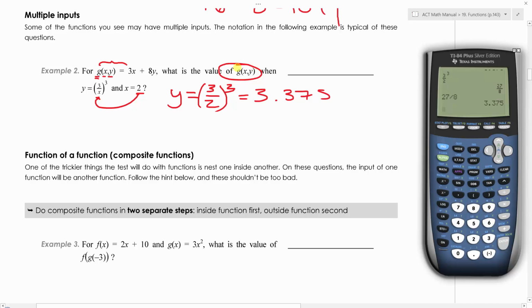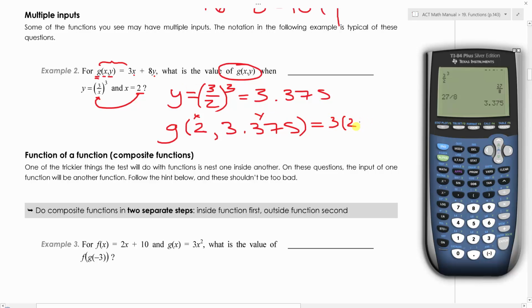So this g of x comma y becomes g of 2, which was my x value, 3.375. So that was my x, that was my y. Now what I need to do is plug the 2 and the 3.375 in wherever I see an x and a y respectively on the right hand side.